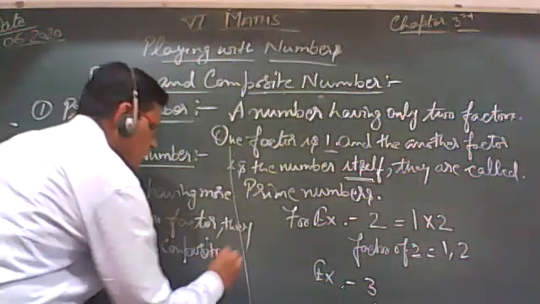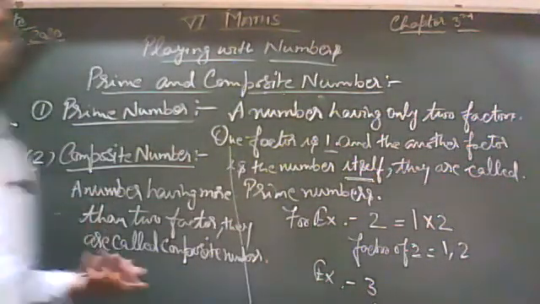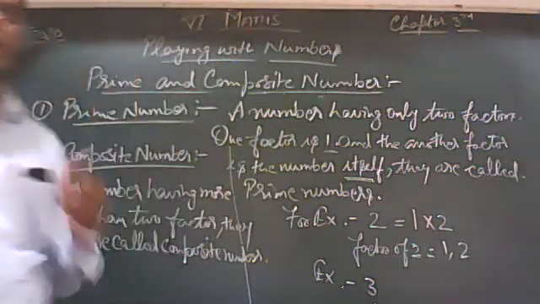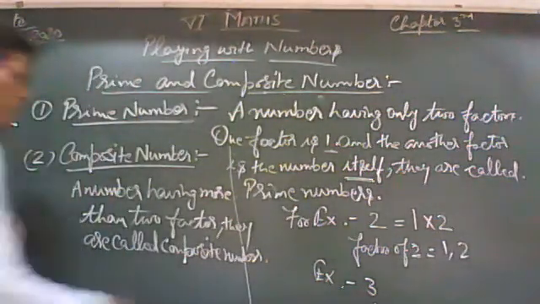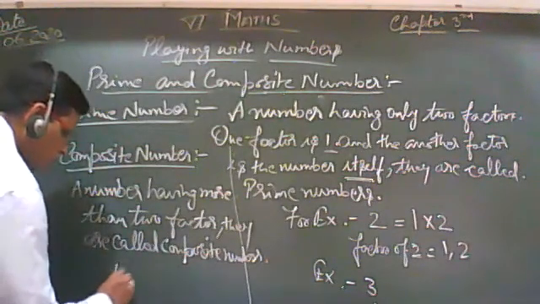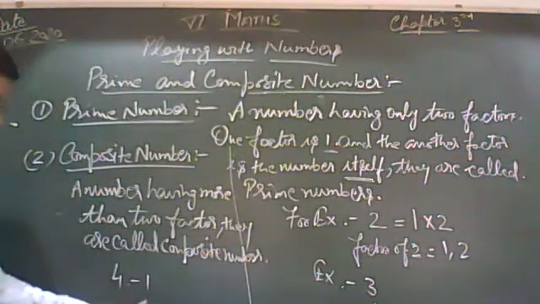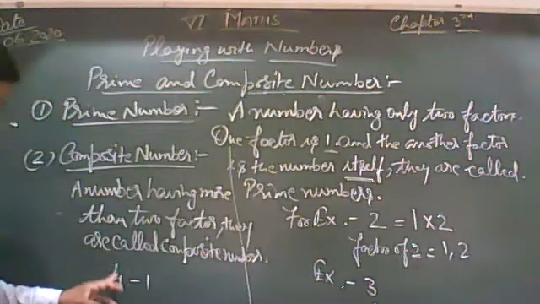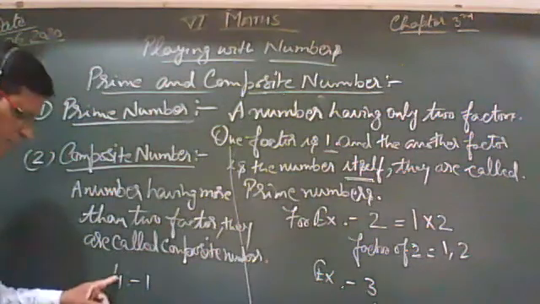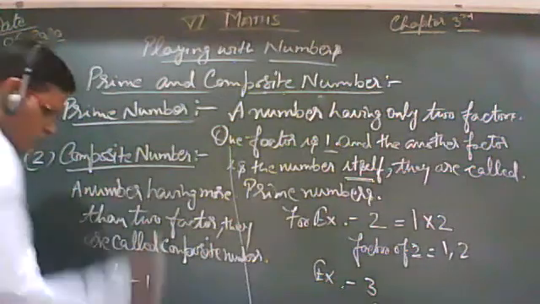For example, and factor you already know. I will write the definition: exact divisors of that number. Now, for example, 4. The factor of 4 is 1 because 4 is exactly divisible by 1. Therefore, 1 is a factor of 4.